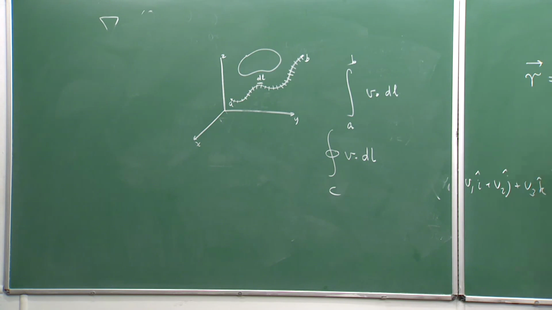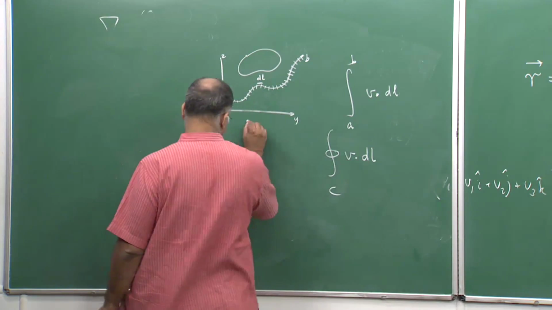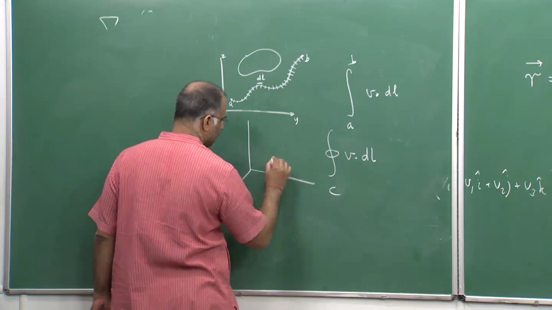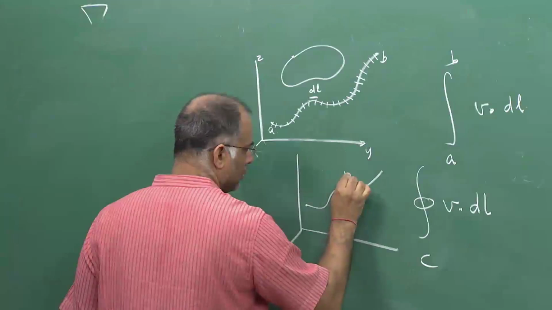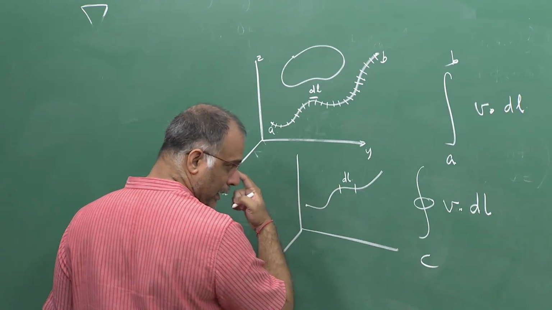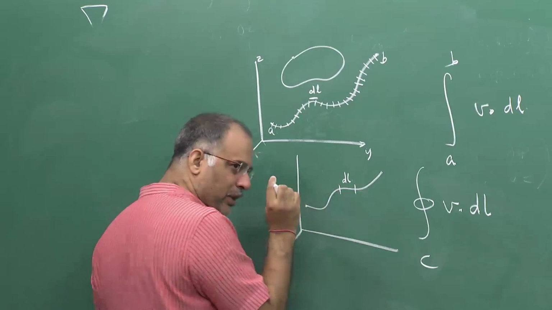So, what if you look at the dl vector, the length vector? Look at dl. What does it have? This small length has 3 components.